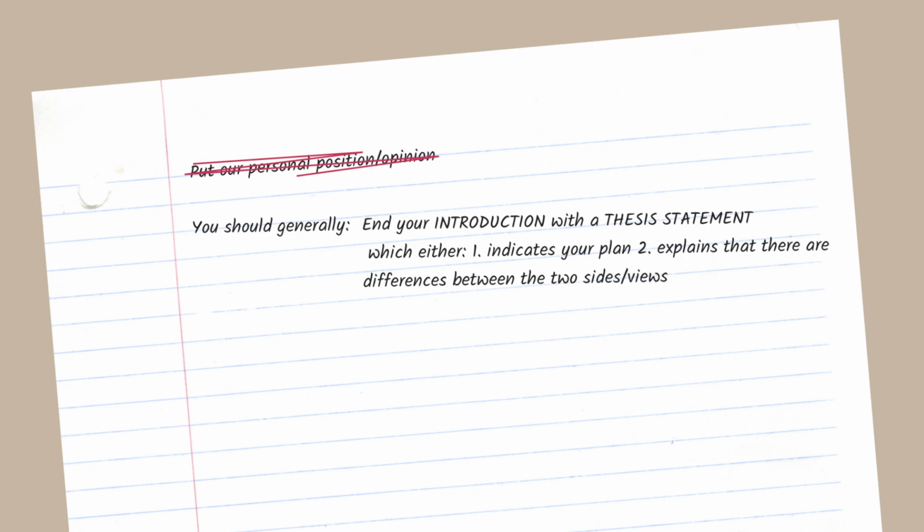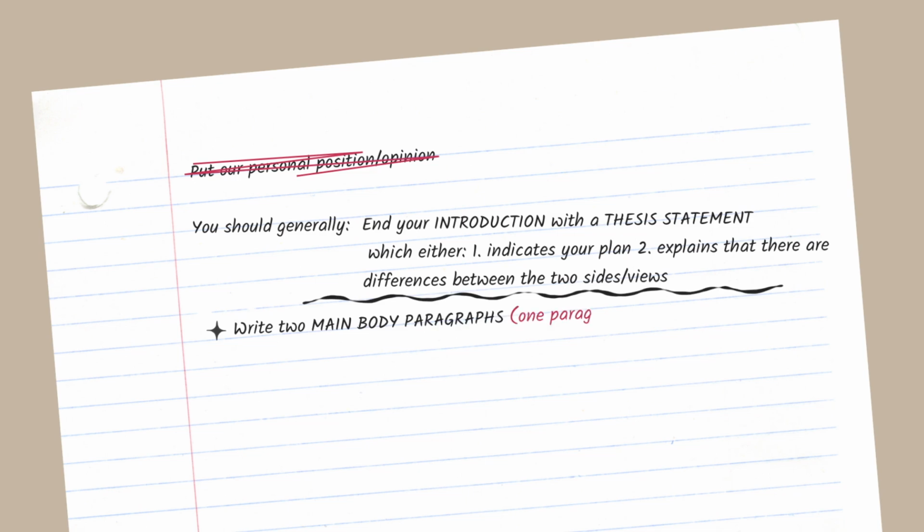And then you should write two main body paragraphs, one paragraph for each side. For example, body paragraph 1 about advantage and body paragraph 2 about disadvantage, all right?